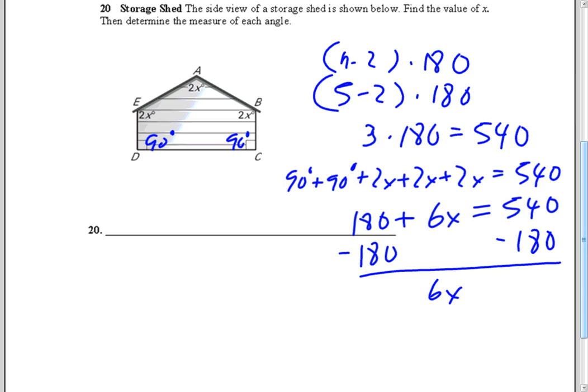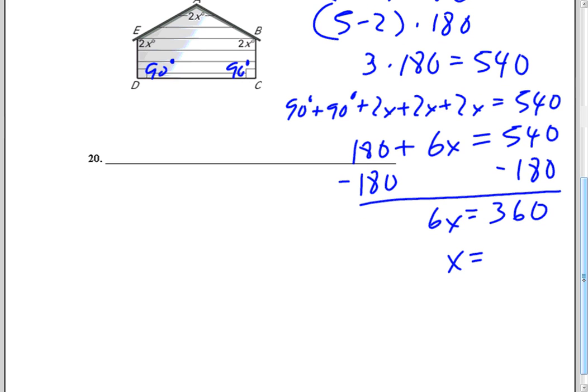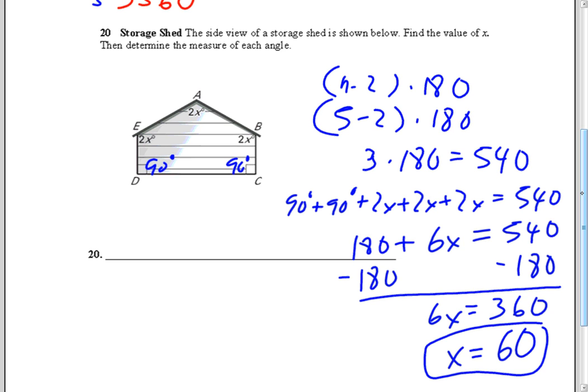If I subtract, I get 6x equals 360. So what would x be in my case? 60. Take a look. Did you have an x that was equal to 60 or did you have it equal to 30 or 90? If you had that, you got half credit because... Did everybody read the second part of the directions?